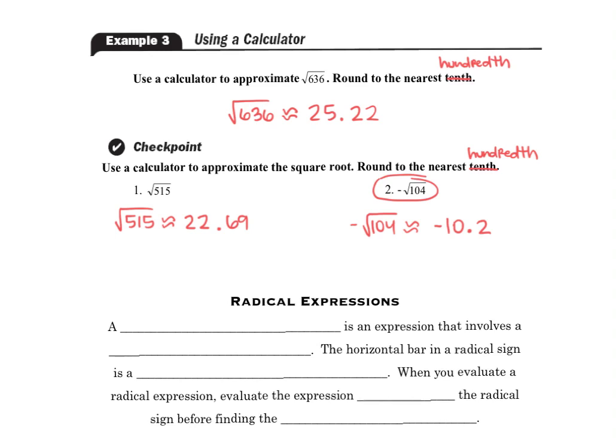And I should have mentioned in the last section, there will be some on your homework that when you're approximating, ask you for the negative root. You do it the exact same way, basically figure out as if it were positive, and then just your final answer should have that negative sign with it because it's asking you for the negative root instead of the positive root. That's really all. All right, let's move on and talk about radical expressions now.